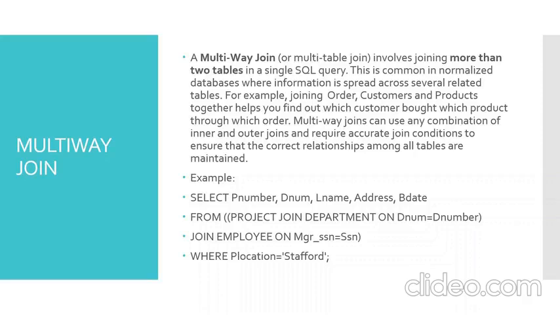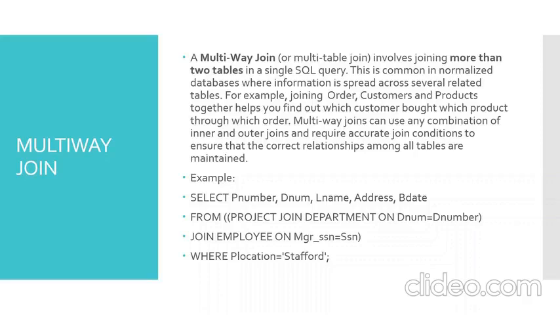So a multi-way join can use whichever join it needs. And this is the example. Select P number, these are the data variables, from project join department. This is the table name, and you can join.